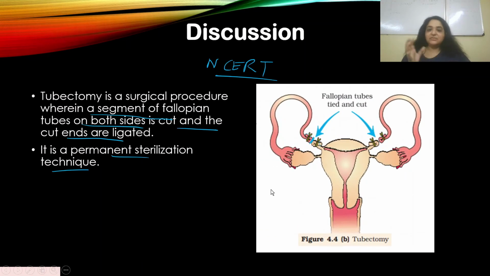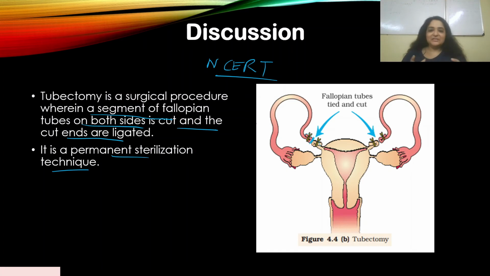And of course, it does not affect oogenesis in any way. Oogenesis happens because ovaries are still present. We are only cutting the tube which is transporting the oocyte or the fertilized ovum. So there's no way that oocyte can reach there, and no way the sperms can reach there. So the oocytes and the sperm cannot meet for fertilization to take place. This is a surgical procedure, not taking a tablet and waiting for magic to happen.